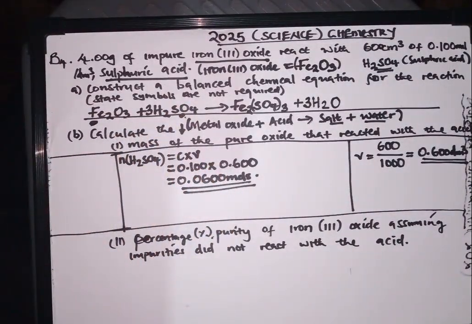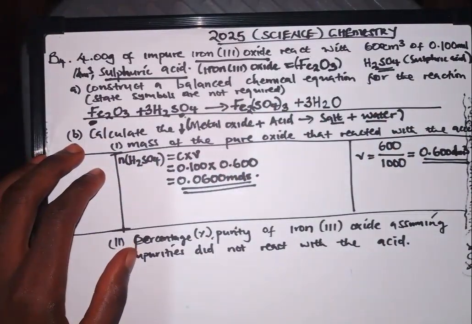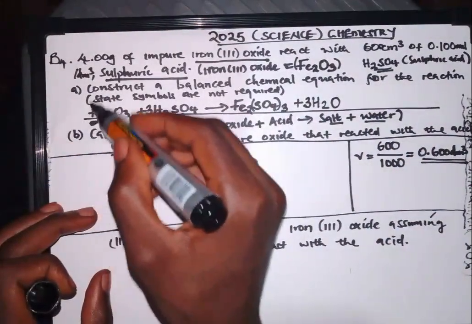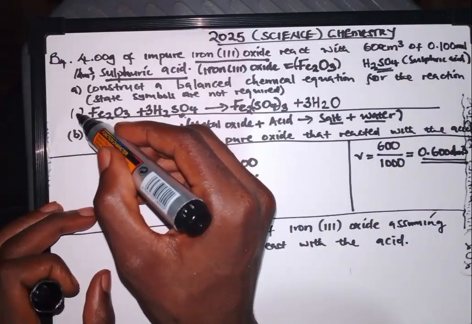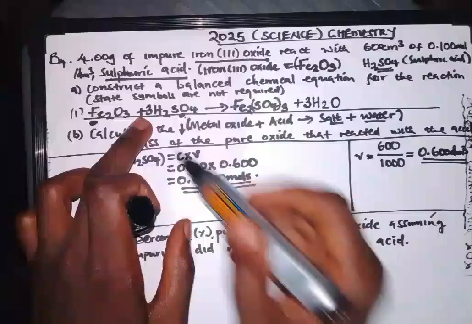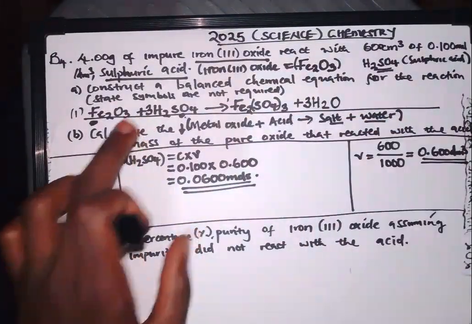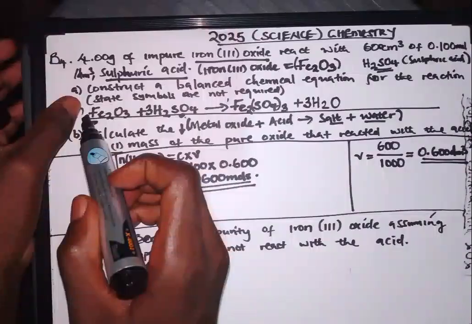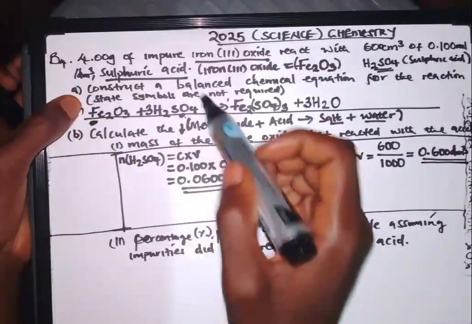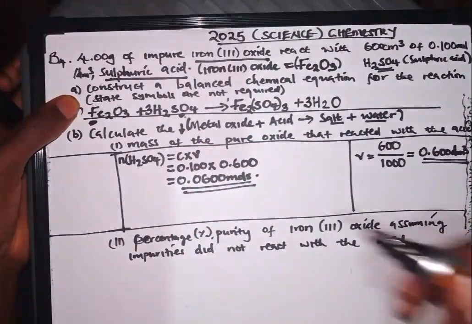So the moles in the chemical equation are the numbers we use to balance. So here, since we don't have a number, meaning it's an invisible 1. Then here we have 3, here we have an invisible 1, here we have 3. So meaning here we have 1 mole of iron 3 oxide reacting with 3 moles of sulfuric acid.